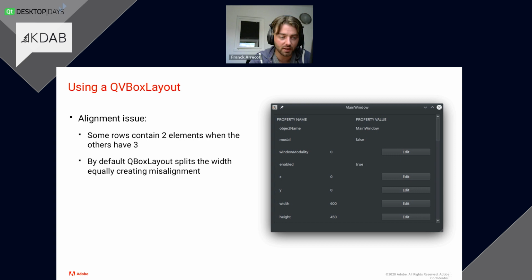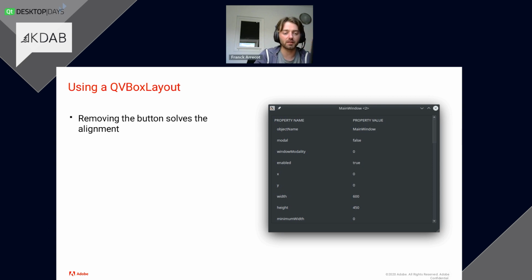This one ends up here, and this one starts here because it shares the space equally, but in this case there are 3. So it's misaligned, and you have the 0, which is totally offset from the false value here, and it's just ugly. As proof, if I remove the button here, it's aligned again. So that's the issue.